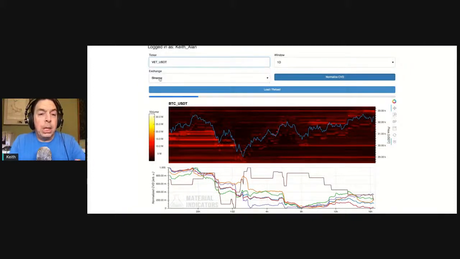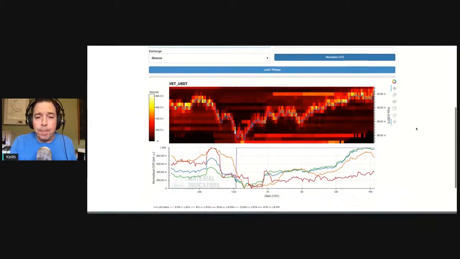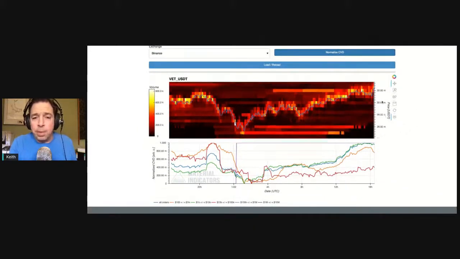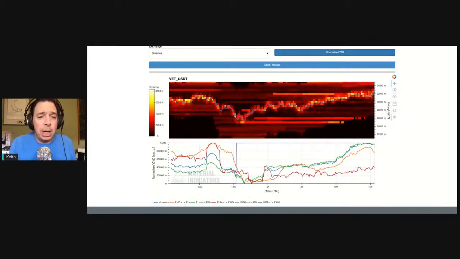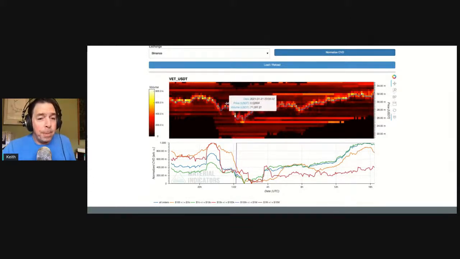VET USDT. And as we saw, it plummeted through support before it bounced, right? Now, when that first signal came in, you could see that there was some decent support here, but it gave way. And it gave way because there was some major selling here, right?